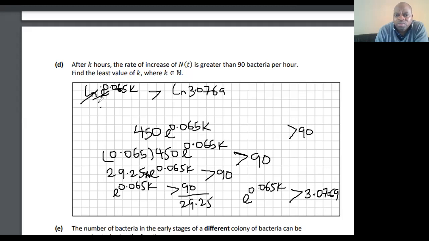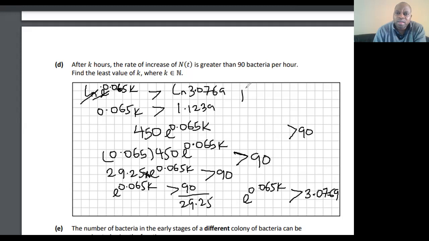So you have 0.065K greater than, take ln of that, ln of 3.0769, that's 1.1239.